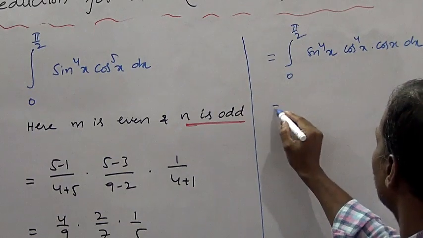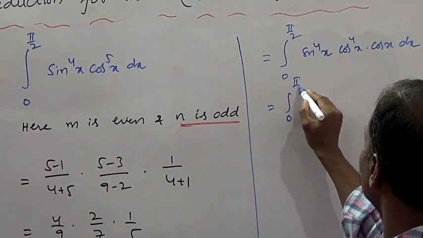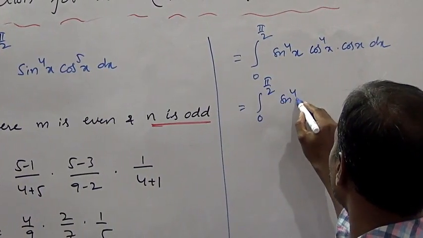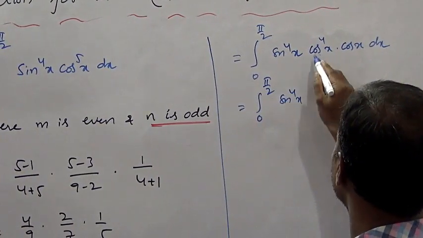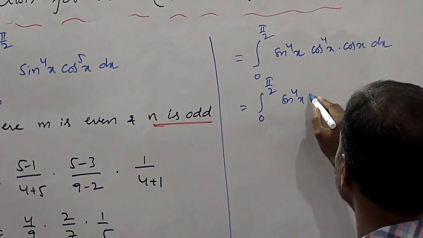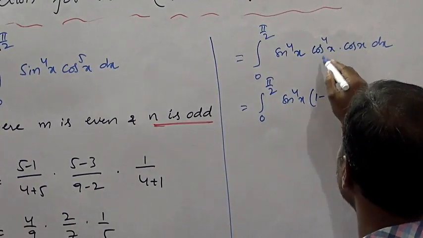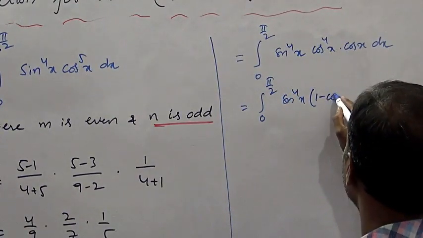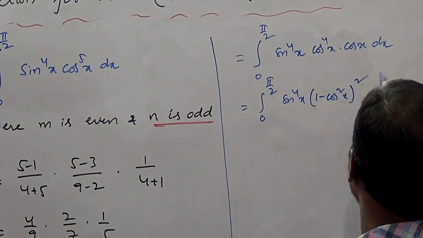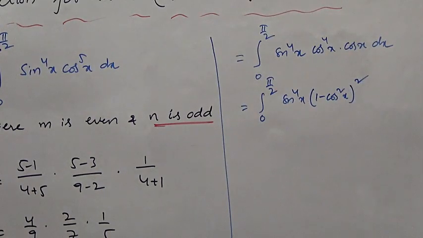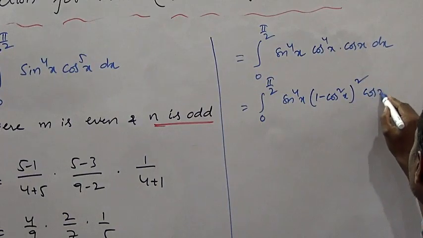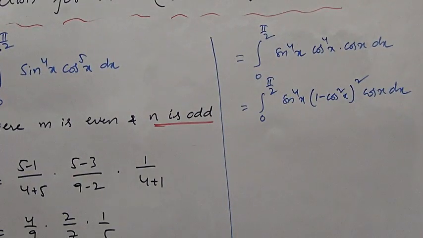Now cos power 4 can be written as 1 minus cos square x whole square, so 1 minus cos square x whole square, into cos x dx.